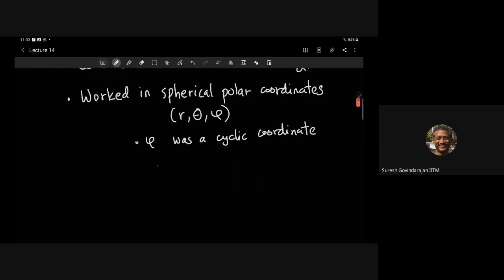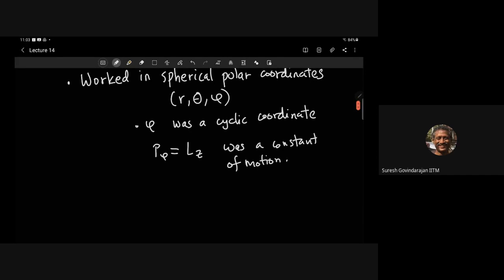Okay, and p phi, which turned out to be equal to Lz, was a constant of motion. But it's not just Lz, but all angular momentum L, the vector itself.